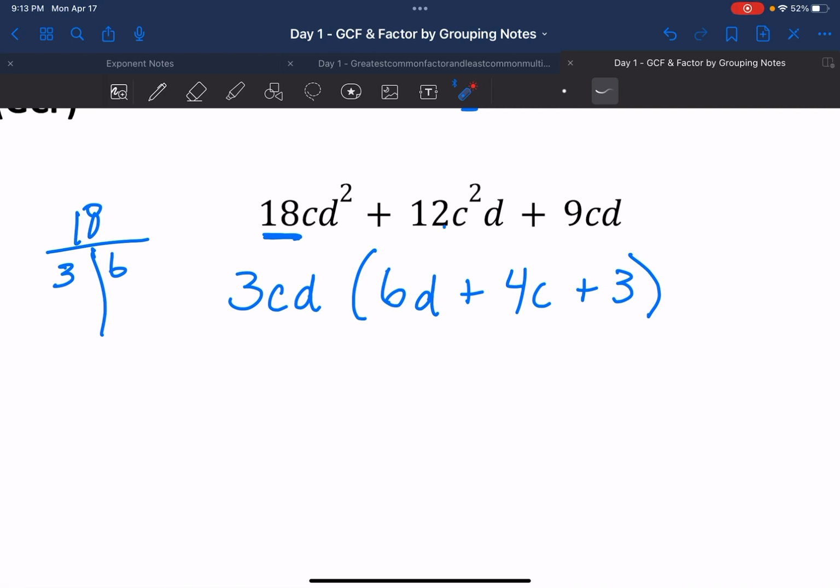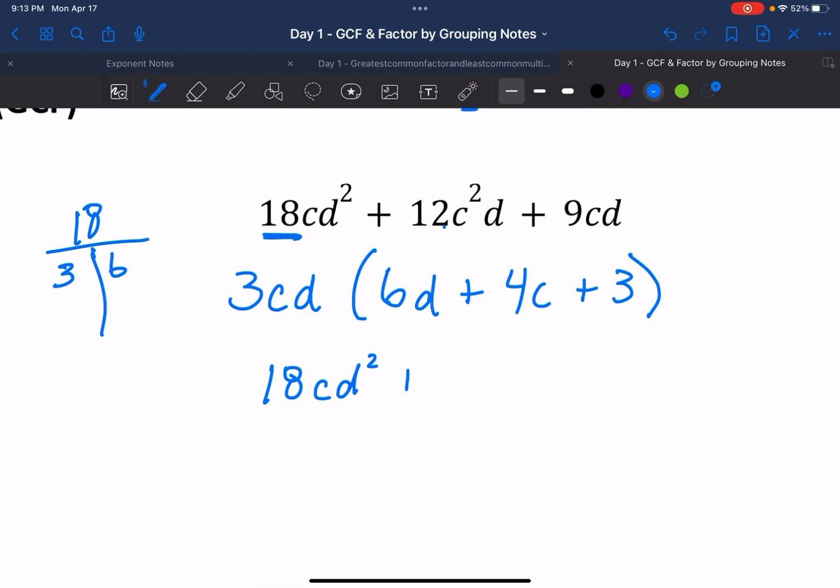All right, so let's multiply. 3 times 6 is 18. When I multiply my C's and D's here, I have 1 C, and now when I've multiplied, I have 2 D's. All right, look at that. 18CD squared, 18CD squared. I did that first term correctly.